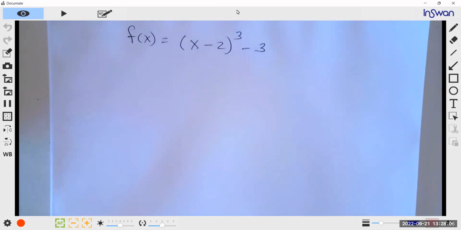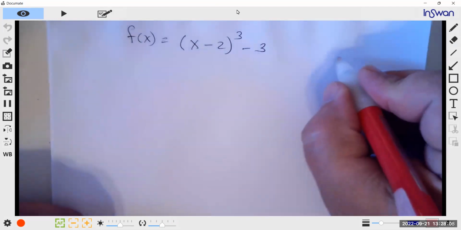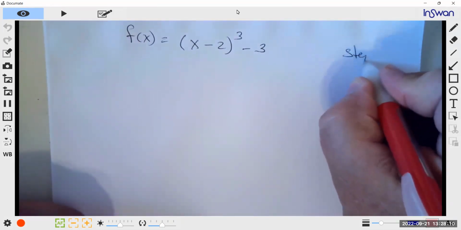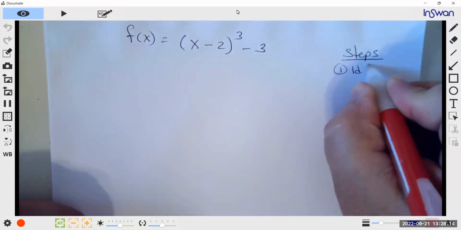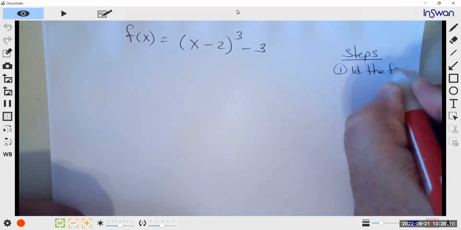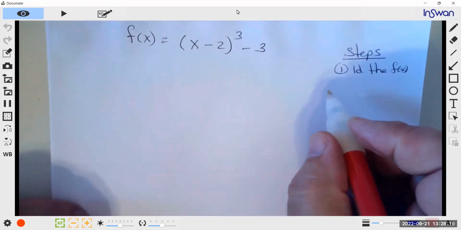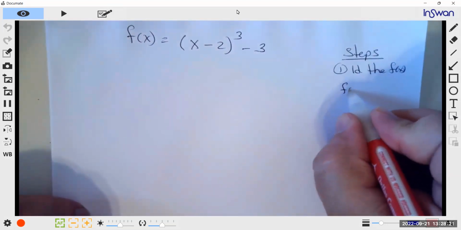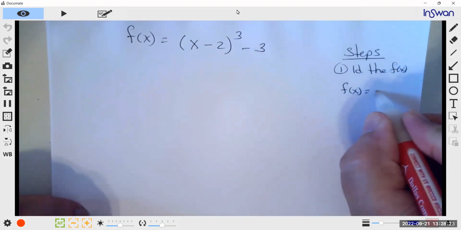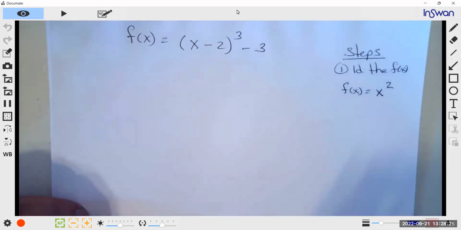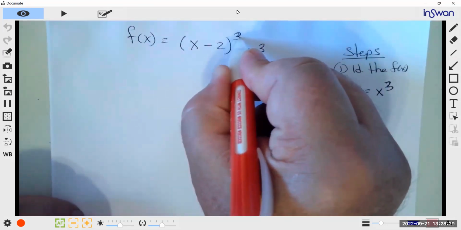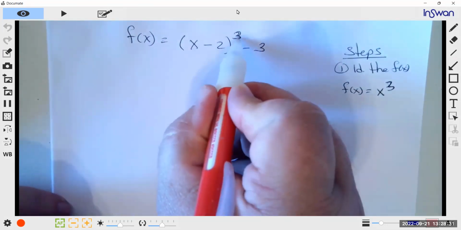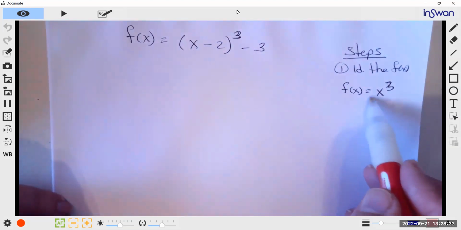Let's look at the graph of this one. Steps. ID the function. This function is f(x) equals x squared. No, x cubed, I'm sorry. Because the x is inside the parentheses and it's cubed, so it's x cubed.